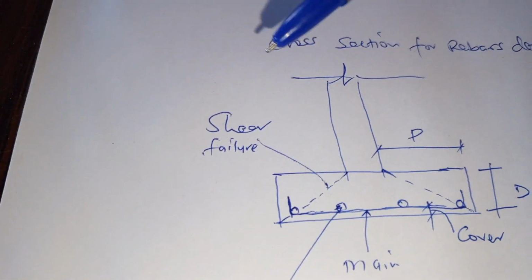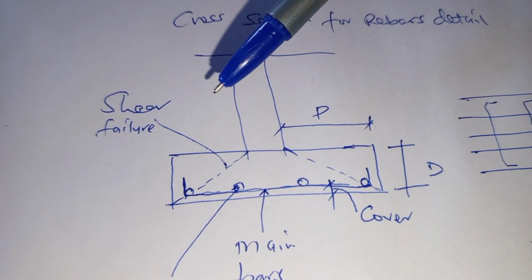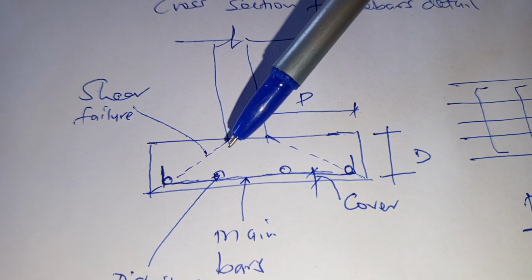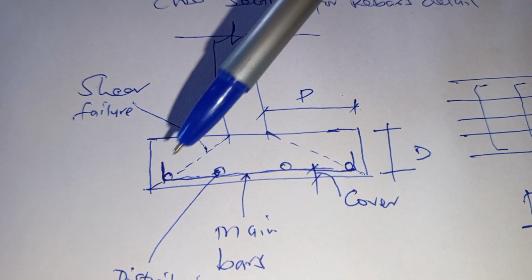Again, in our cross section we have the line of shear at an angle of 45.